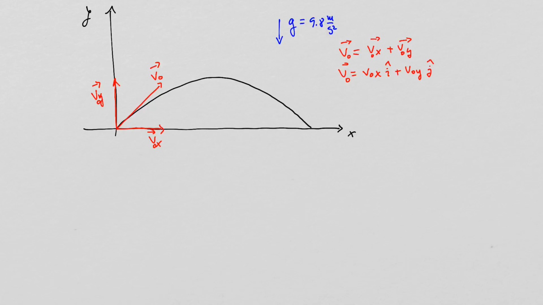So what are those two components, v0x and v0y, in terms of the magnitude of the initial velocity v0? Well, let's assume that the angle that the projectile makes with the horizontal axis is theta. And so then v0x is equal to v0 cosine of theta, and v0y is equal to v0 sine of theta.